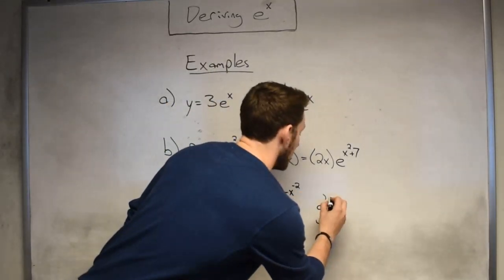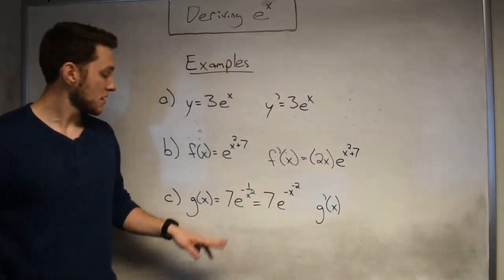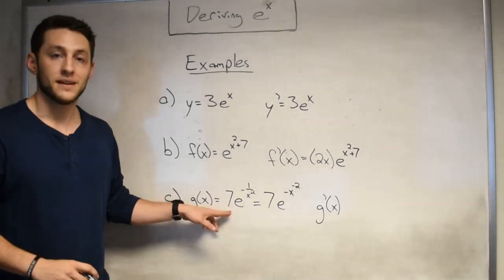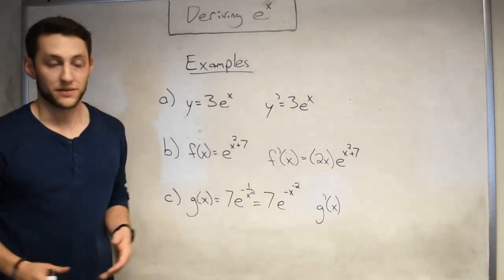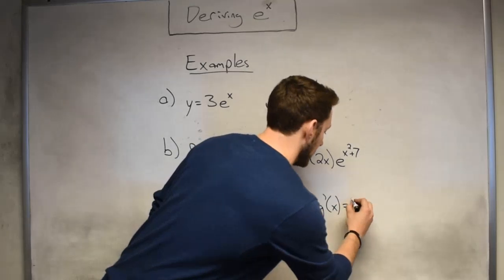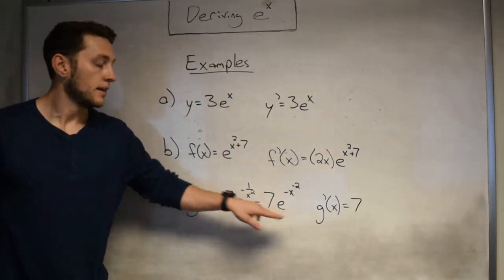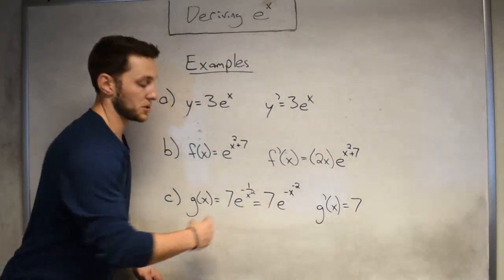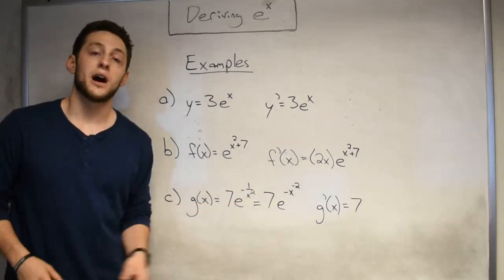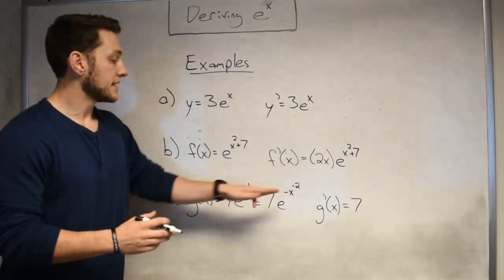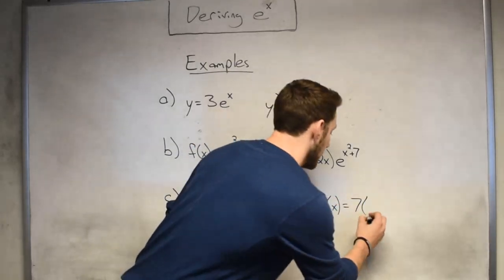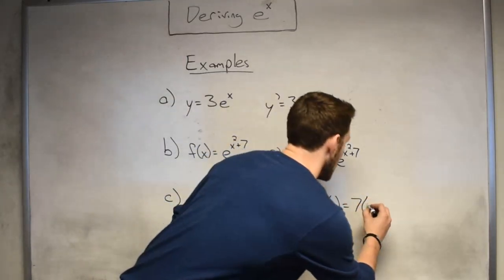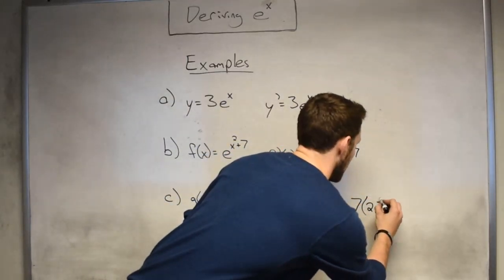So remember, when I derive it, first and foremost, constants get copied down. This is the exact same as any derivative rule that we've done. 7. Now I go into deriving this e portion. When the power is more complicated than just x, I take the derivative of the power, which in this case is 2x to the negative third power.